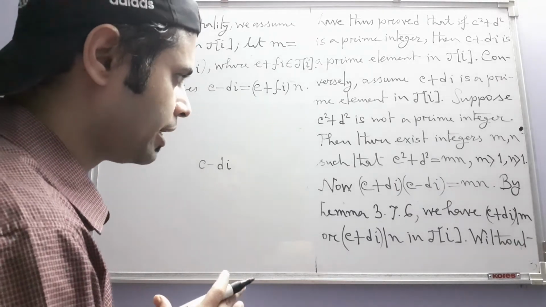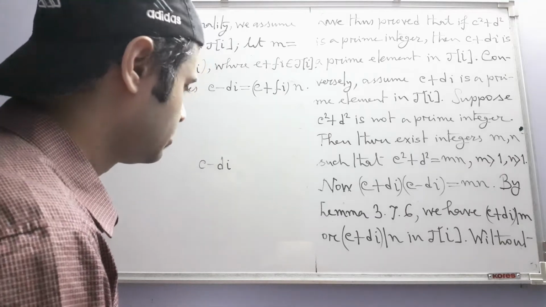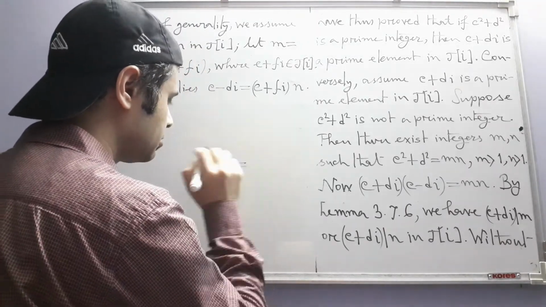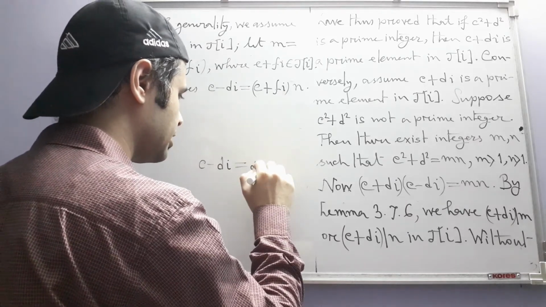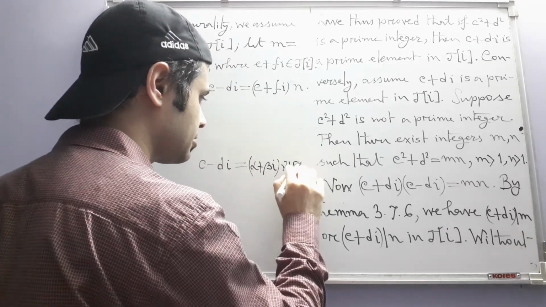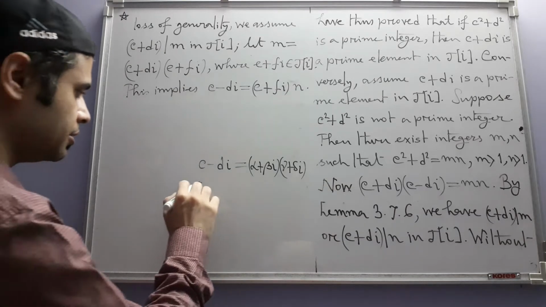We have to prove that C minus di is a prime element. If it is not a prime element, then let me just take alpha plus beta I times gamma plus delta I, where these are non-units.